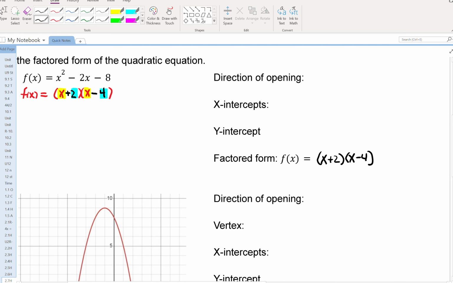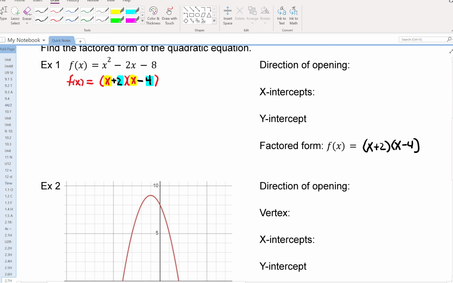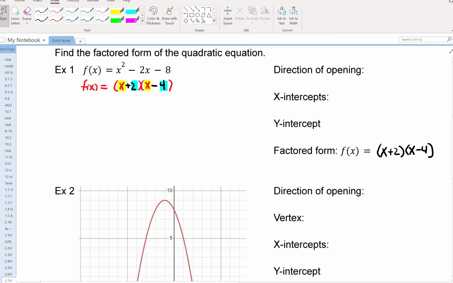And the easiest thing that we get from factored form is the x-intercepts, because the x-intercepts happen when y is equal to 0. And so your x-intercepts are going to be something, comma, 0, where y equals 0, and then also something, comma, 0, where again y is equal to 0.